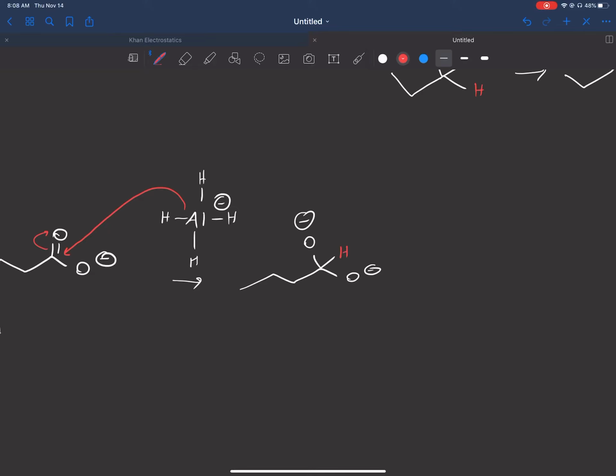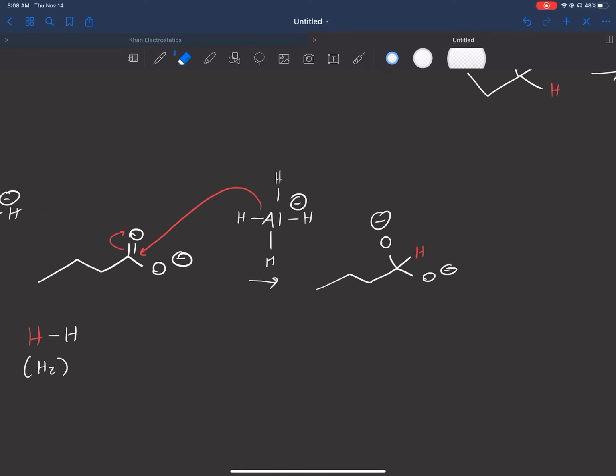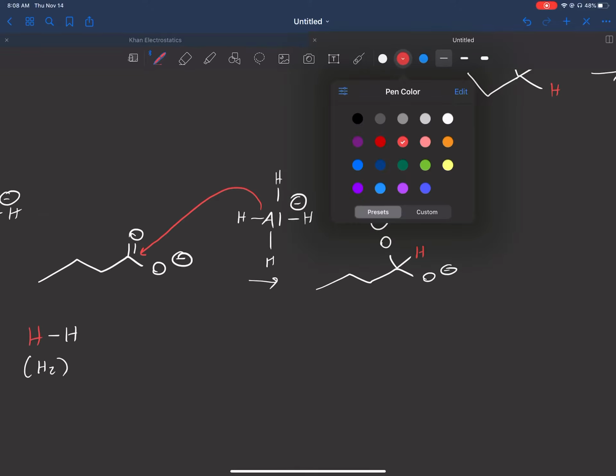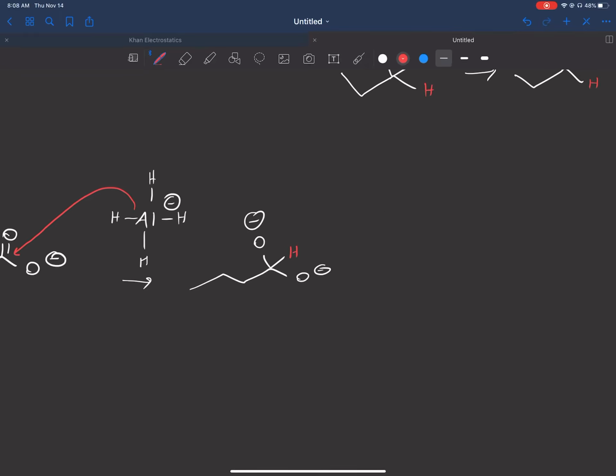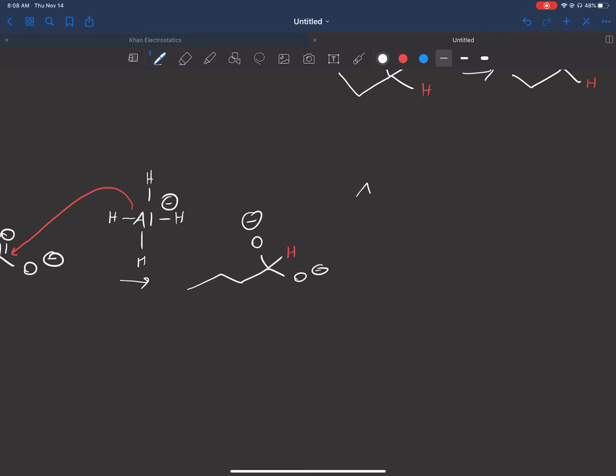So like I said, I've seen this mechanism more commonly drawn with, instead of the carbonyl immediately coming up to give two O minuses, it straight attacks the aluminum in one step. So that arrow showing the carbonyl coming up is usually drawn like this. But I'm just going to keep it like this for now. It's fine. Then it's going to attack AlH3.